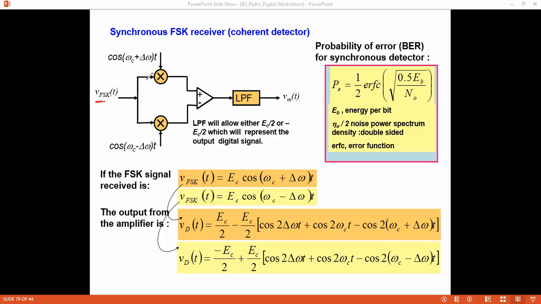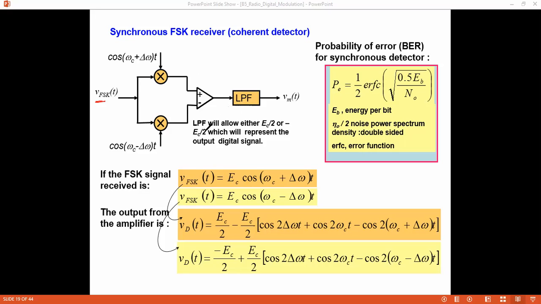We multiply our VFSK with both frequencies, and then we have a summer that sums the top output with the inverted output from below. Whatever output we have here, you subtract the below output.